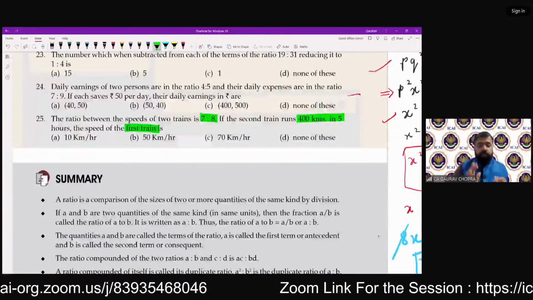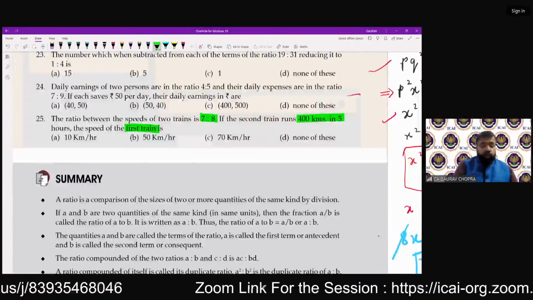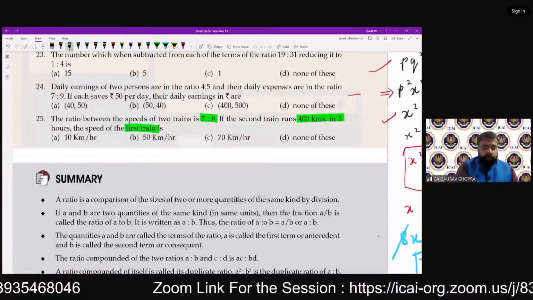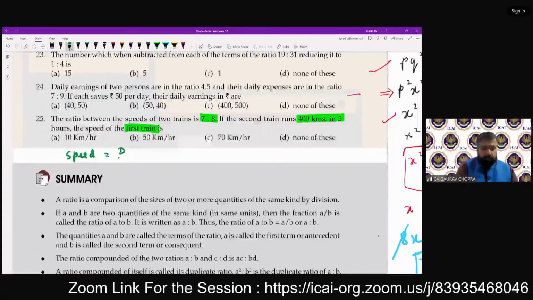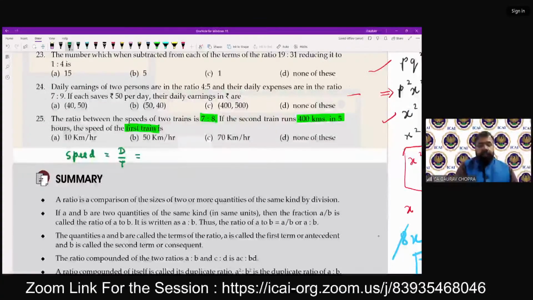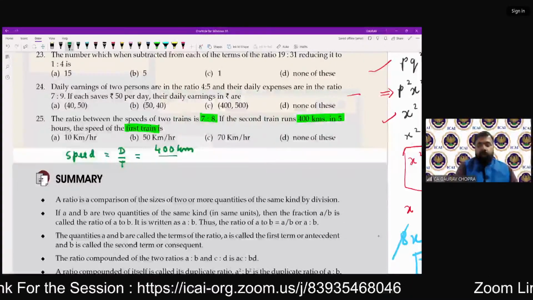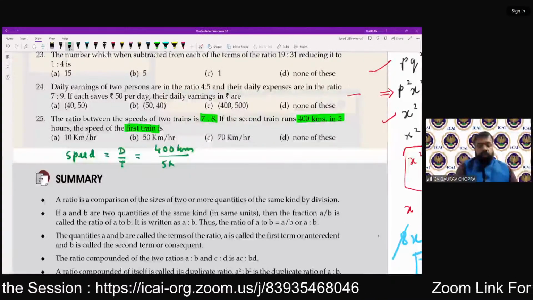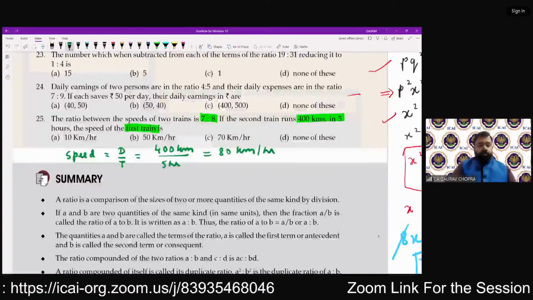Now, the first thing is, what is the speed of the second train? Speed is equal to distance upon time. For the second train, the distance covered is 400 kilometers and the time taken is 5 hours. So speed will be 80 kilometers per hour.